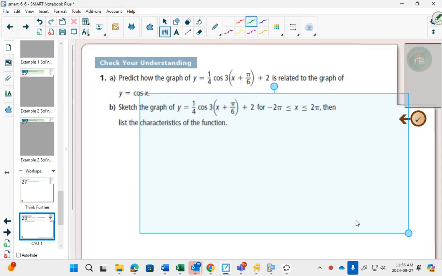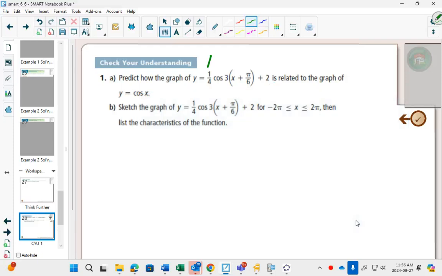Predict. Can you see that the 1/4 does 2 things now? The 1/4 is still a vertical compression. So you would multiply your y values by 1/4. Your y's get multiplied by 1/4. It is also, as a shortcut, tells us our amplitude is 1/4.